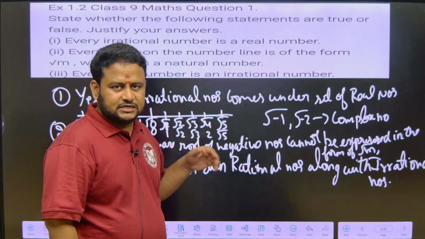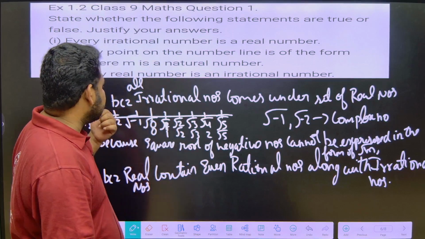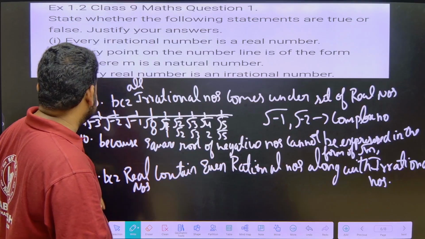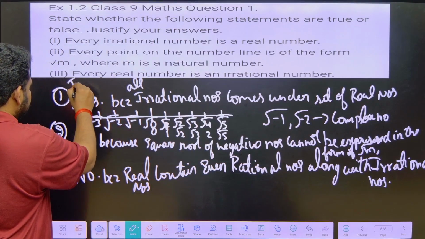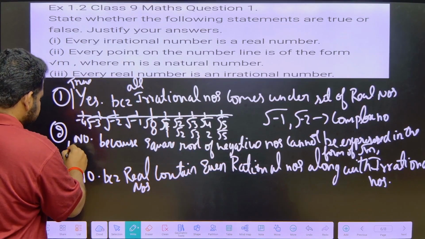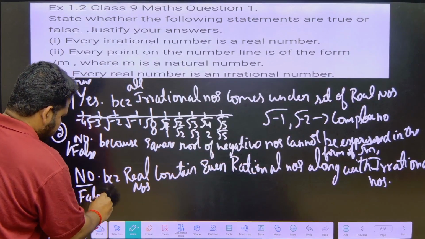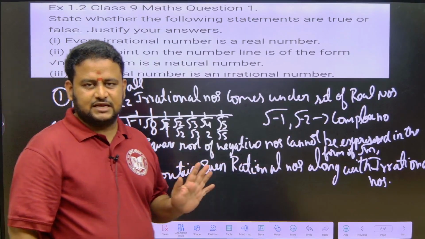Okay, clear? It is not a correct statement. So the answer is no. That is, it is false. This is false. Okay, no or false. I hope this question is clear.